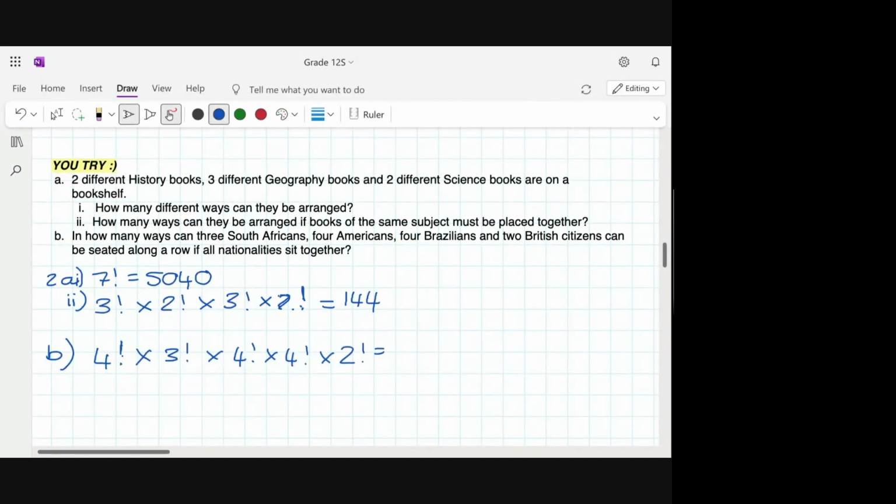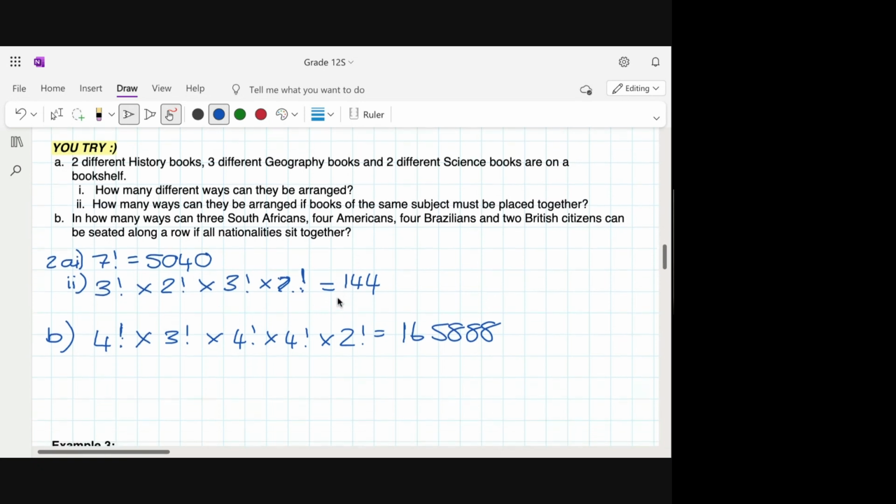And when I do that on my calculator, I get 165,888. Nice and easy.